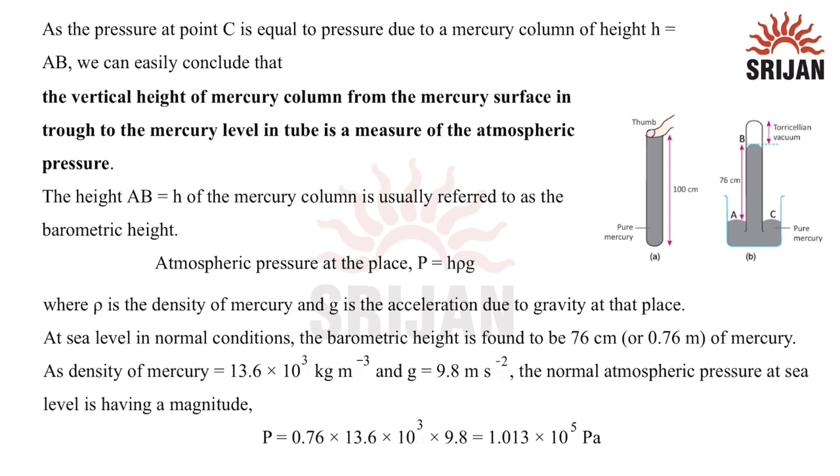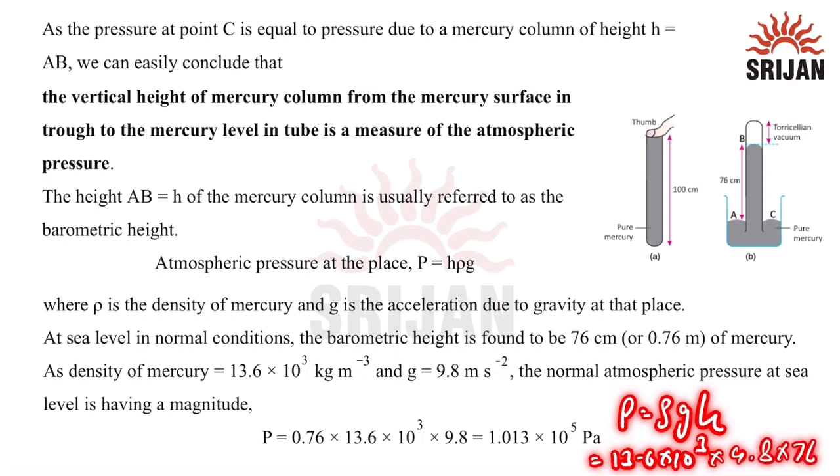So at sea level in normal conditions, the barometric height is 76 centimeters. As the density of mercury is 13.6 into 10 raised to the power 3 kilogram per meter cube, and g is equal to 9.8 meter per second square, the normal atmospheric pressure at sea level would be equal to rho g h, that is 13.6 into 10 raised to the power 3 into 9.8 into 76 centimeters, that will be equal to 1.013 into 10 raised to the power 5 pascals.